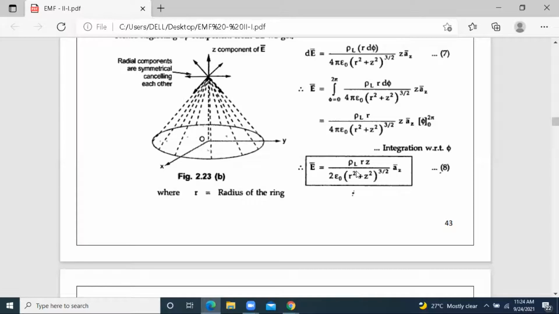Like instead of being vertically above the center of the circular hoop, if you're closer to one of the quadrants, you would just change the value of the r that you're using. No, not true.